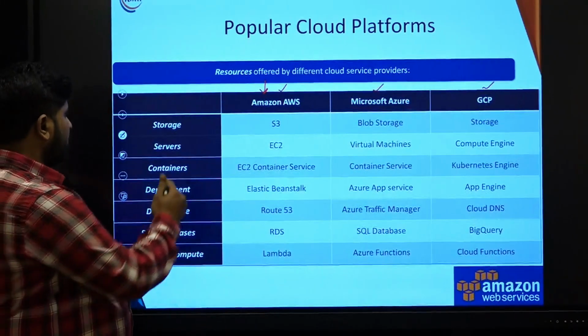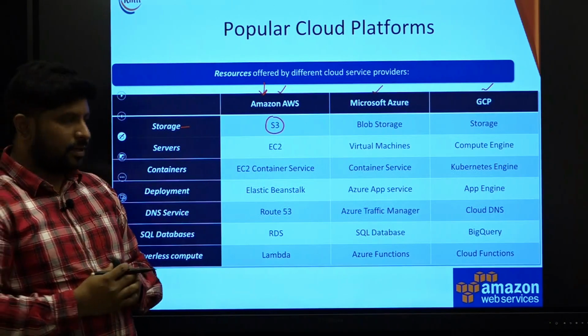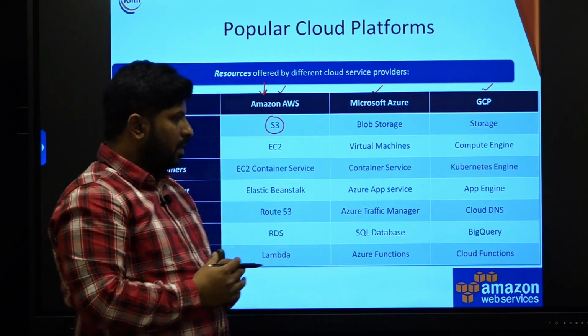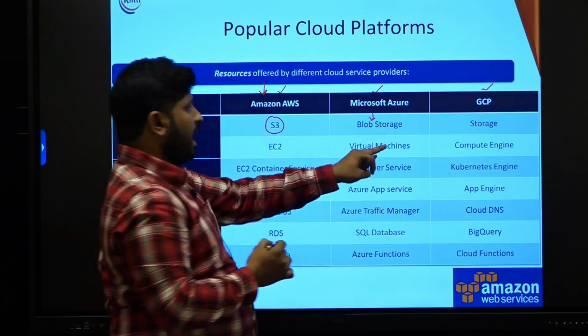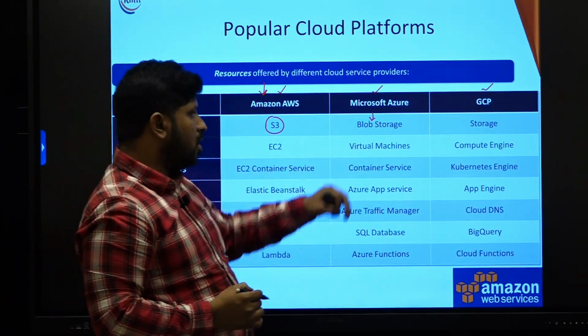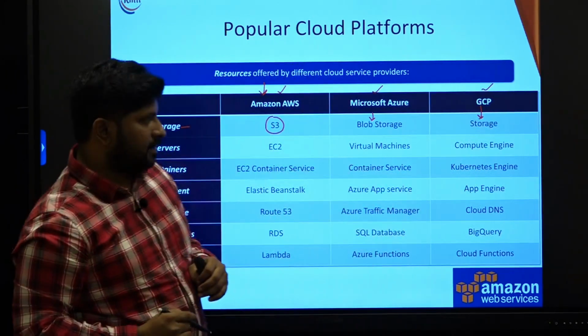When we are focusing on the storage, Amazon is providing S3 as the storage mechanism, Microsoft is providing, as the terminology changes, blob storage, whereas GCP is providing storage as a service.